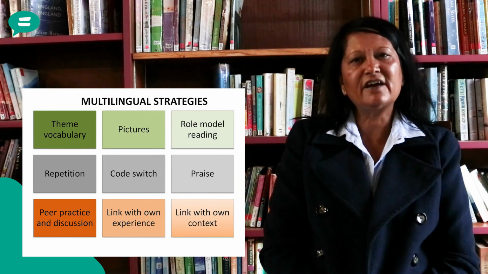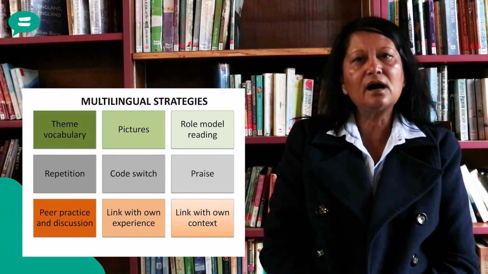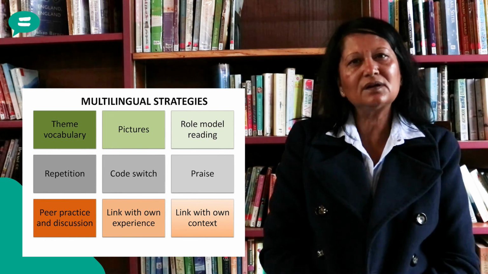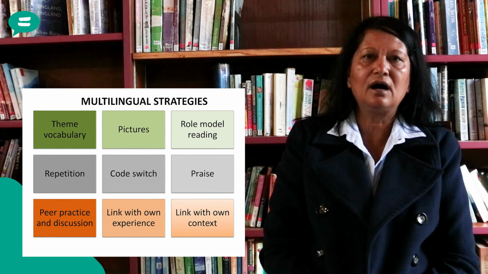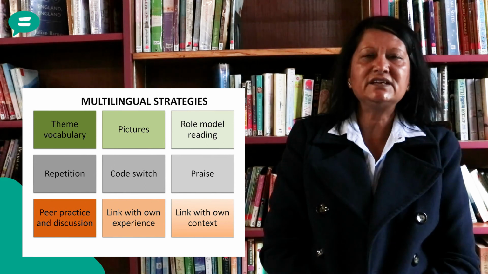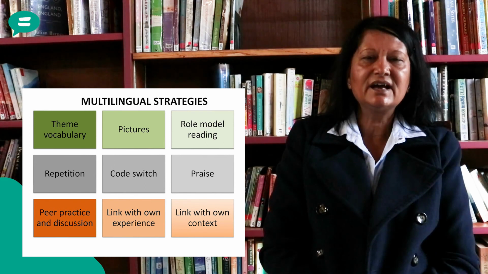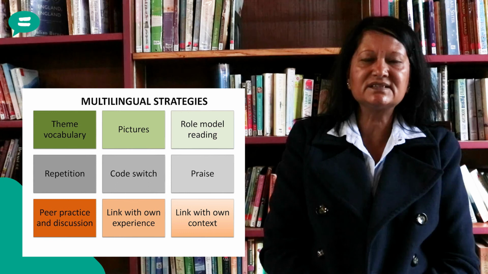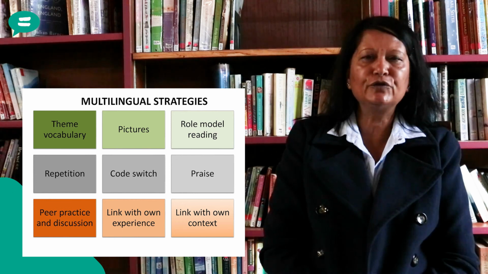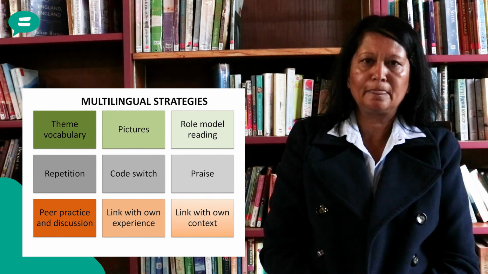Several strategies have been used in the PSRIP, which can also be replicated in multilingual classrooms, and these are teaching theme vocabulary using code switching, teaching phonics, displaying the phonic words and the theme vocabulary on walls where learners have the opportunity to view them constantly.